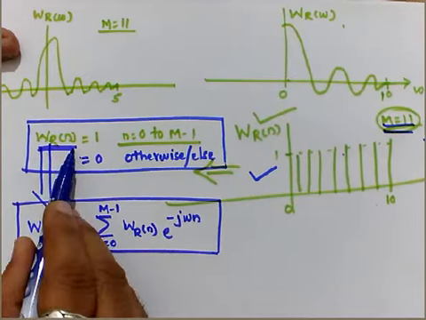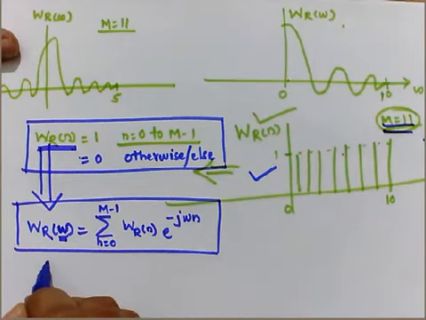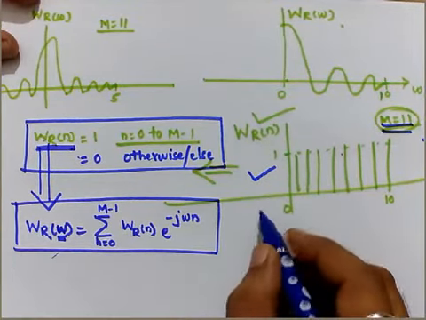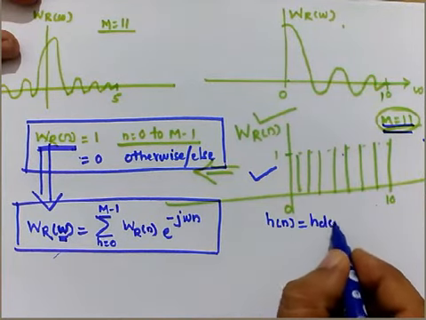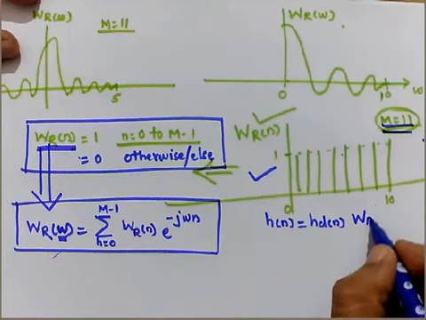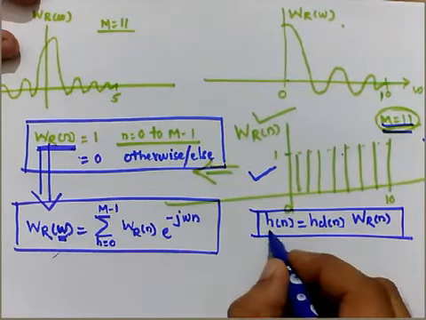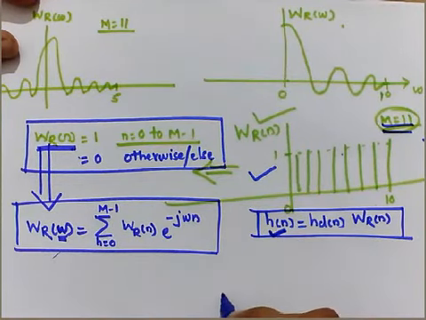So discrete time domain into the Fourier transform means the frequency domain, that is the conversion we have done. But why is this entire practice done? Because ultimately we have the expression h of n is equal to hd of n into WR of n. So by using this equation we will be able to identify the filter coefficient, that is h of n.